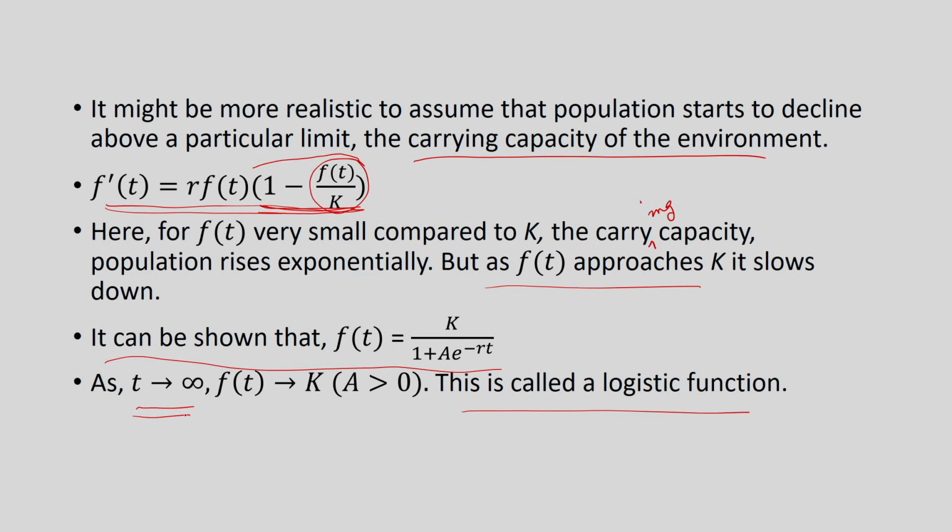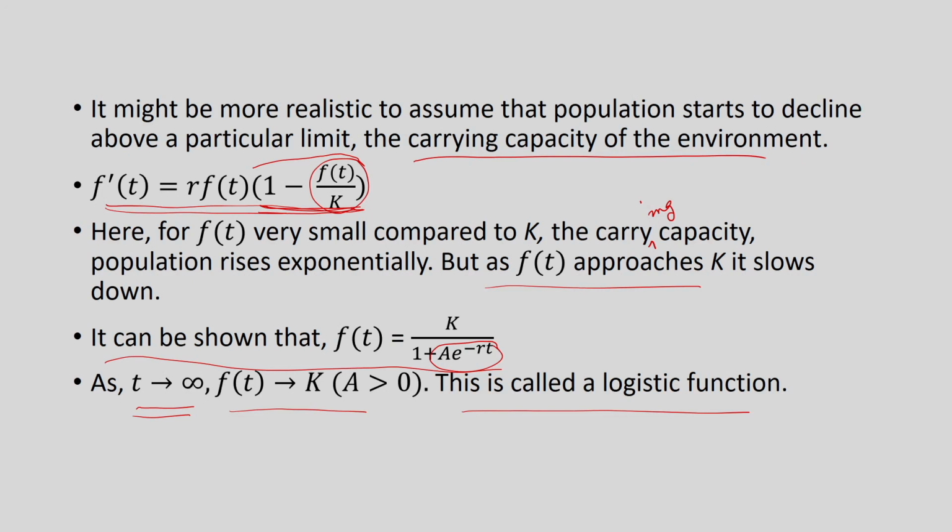We can show that the value of the function f(t) approaches capital K if capital A is greater than 0, because as t goes to infinity, this term goes to 0. So, therefore, f(t) becomes very close to capital K.